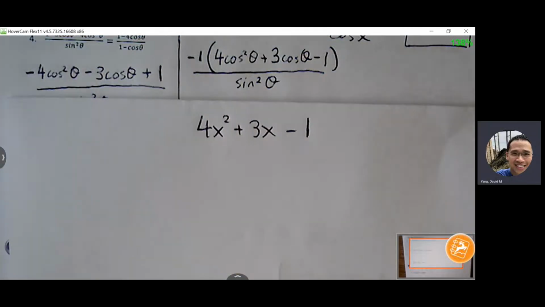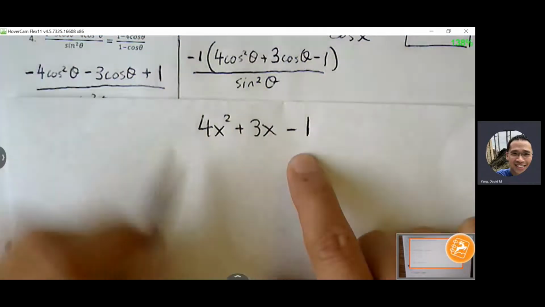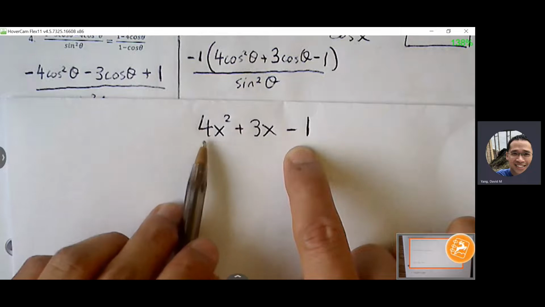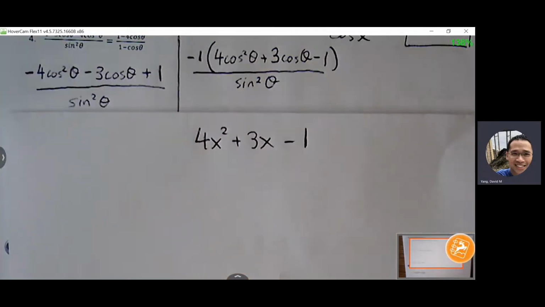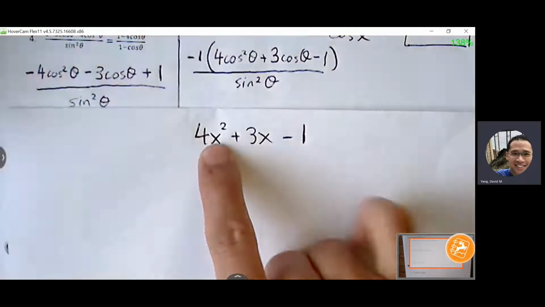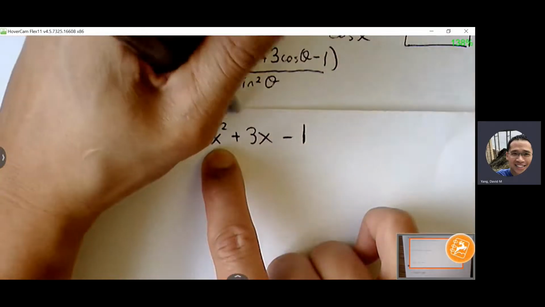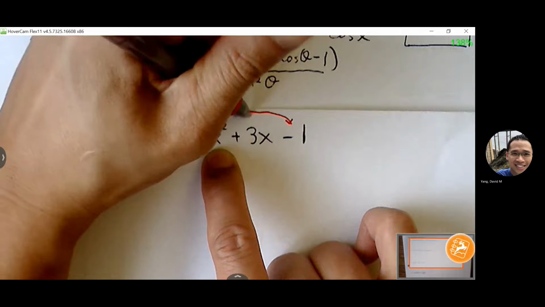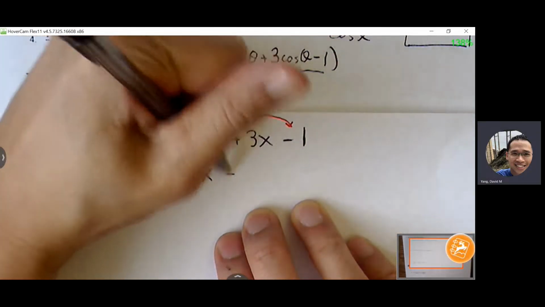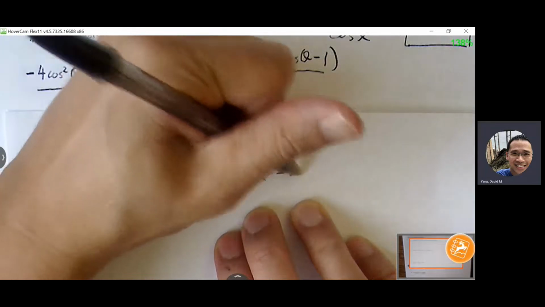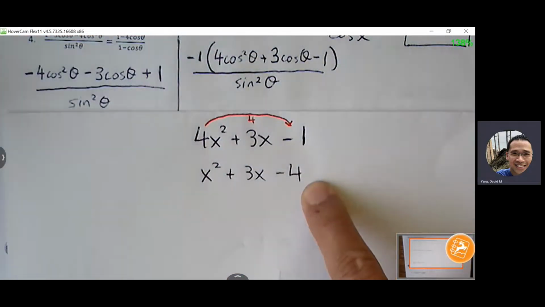All right, if I ask you to factor 4x squared plus 3x minus 1, that leading coefficient is kind of a different process, but we can always make this into an easier problem, right? If I push that 4 to the right side, it's really just x squared plus 3x minus 4. I'm just multiplying 4 by -1.